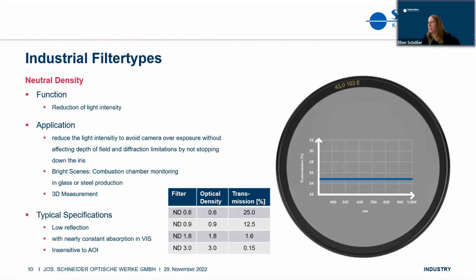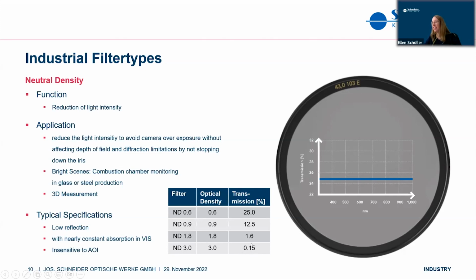And the neutral density filters, there are several types with several transmission values. So I would say the lightest one is when we have 25% transmission, and the heaviest one for really bright scenes is almost down to zero, but not really zero.